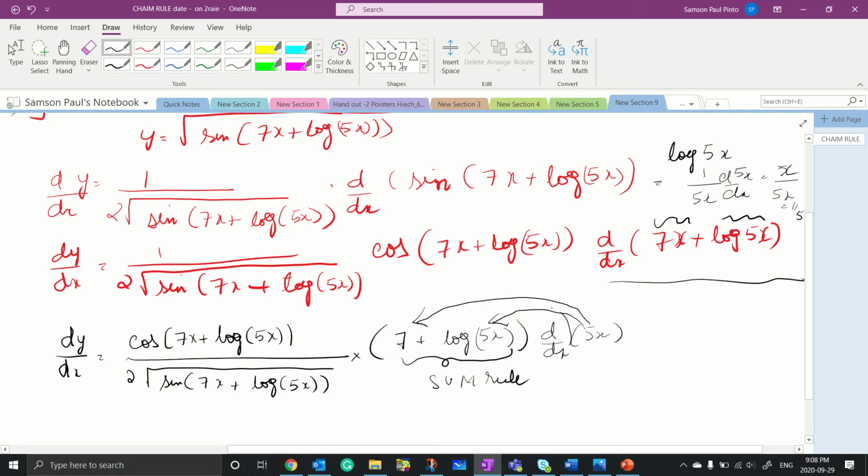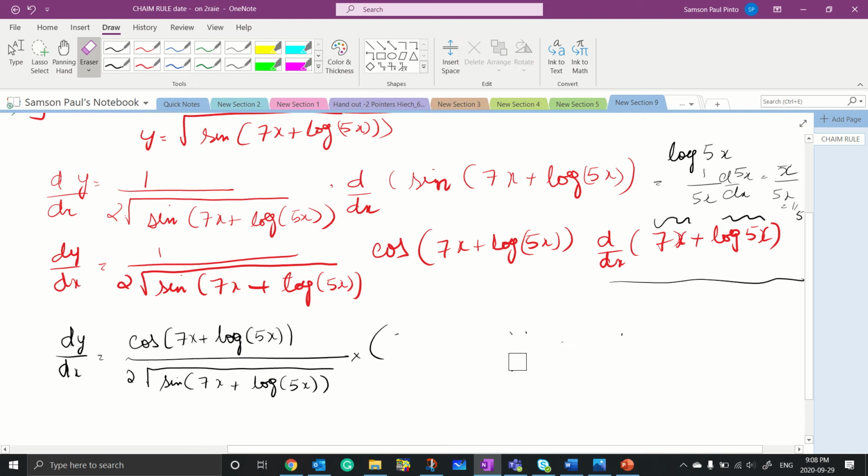What will be the differentiation? It's pretty simple. All you have to do is apply the sum rule: 7 plus differentiation of log 5x, which is 1 by 5x into d by dx of 5x.